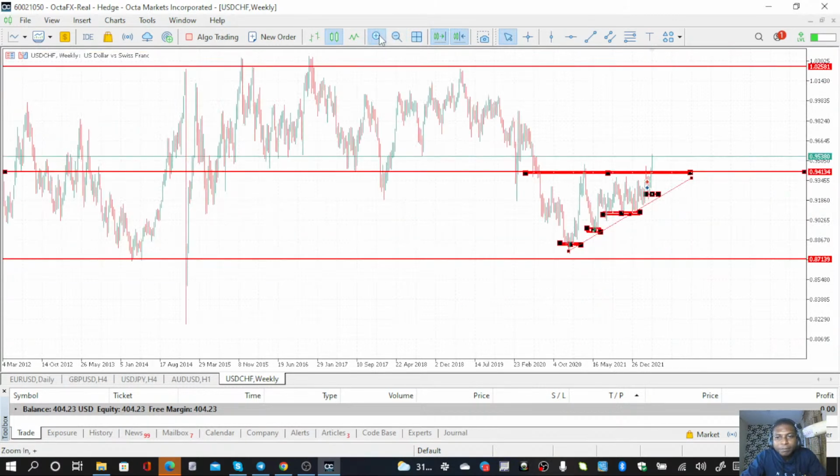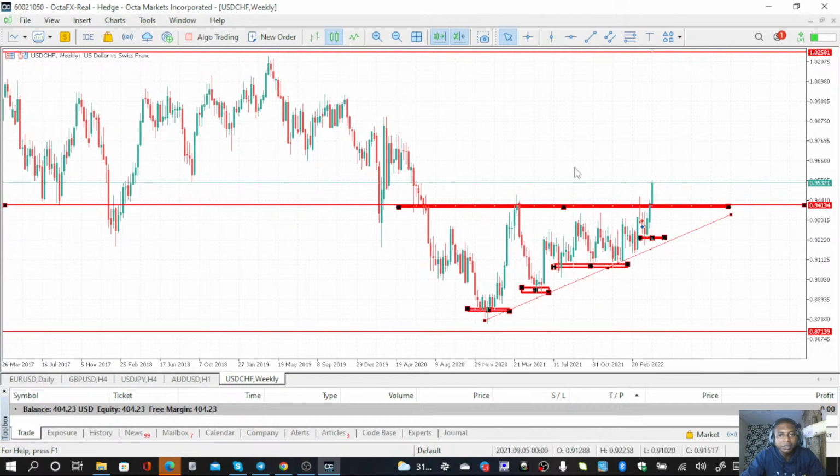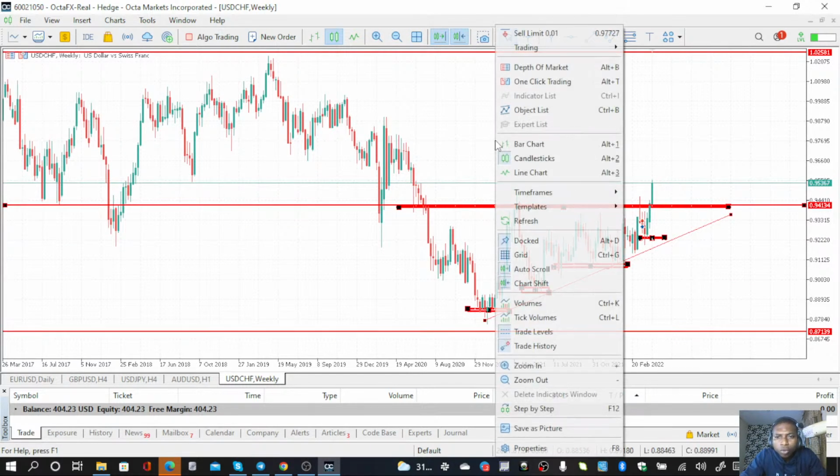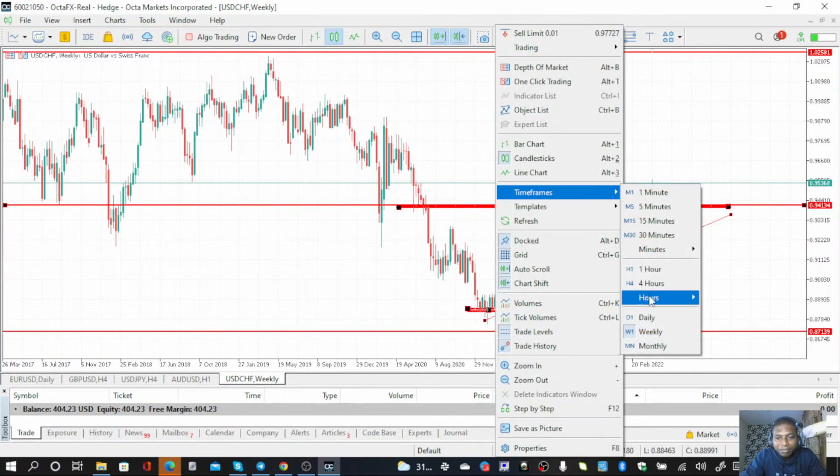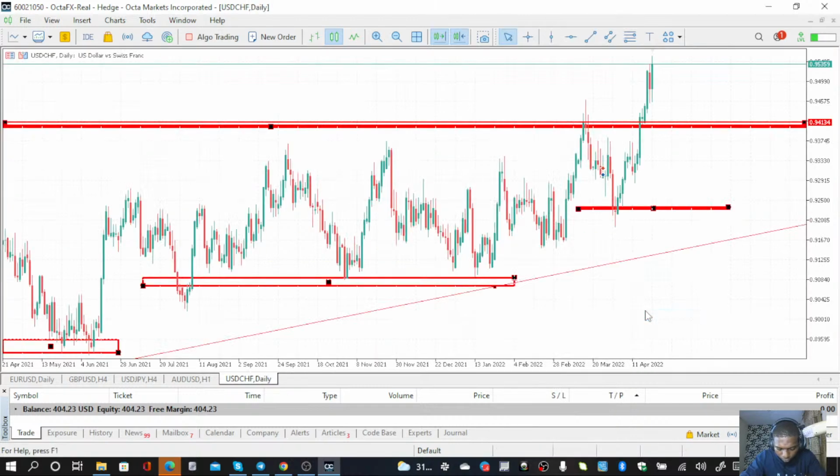Now, what do we expect from this market? Let's go to the daily time frame. You can see what is happening here.